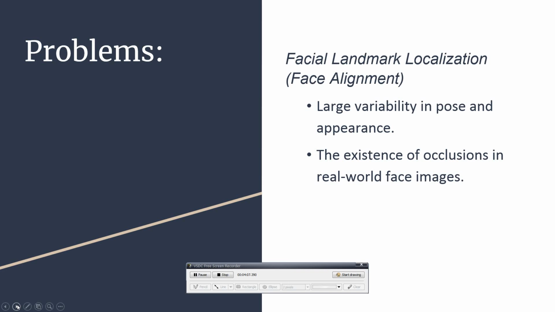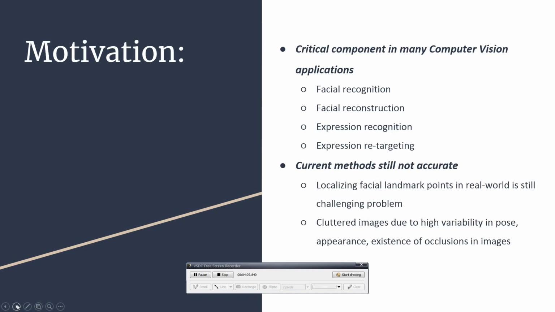As we discussed, there are many problems with this, but the reason we care that it's not so efficient is because improving facial recognition techniques stems from its many uses in computer vision applications such as facial reconstruction, expression recognition, and expression retargeting. As we mentioned, current methods are still far from accurate. Some of these problems are contributed by the issue of localizing facial landmark points in the real world, and as we discussed, the cluttering of images due to these occlusions.